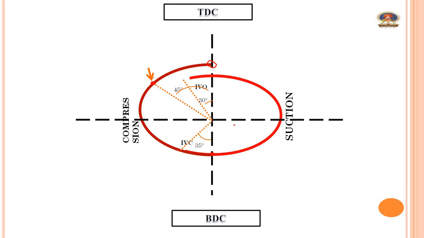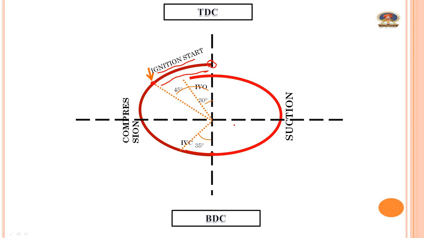So this is the point where the spark is ignited, and from this point ignition will start. Why do we have to generate the spark before the end of compression? Because combustion will take some time, and propagation of the flame takes place during this period.